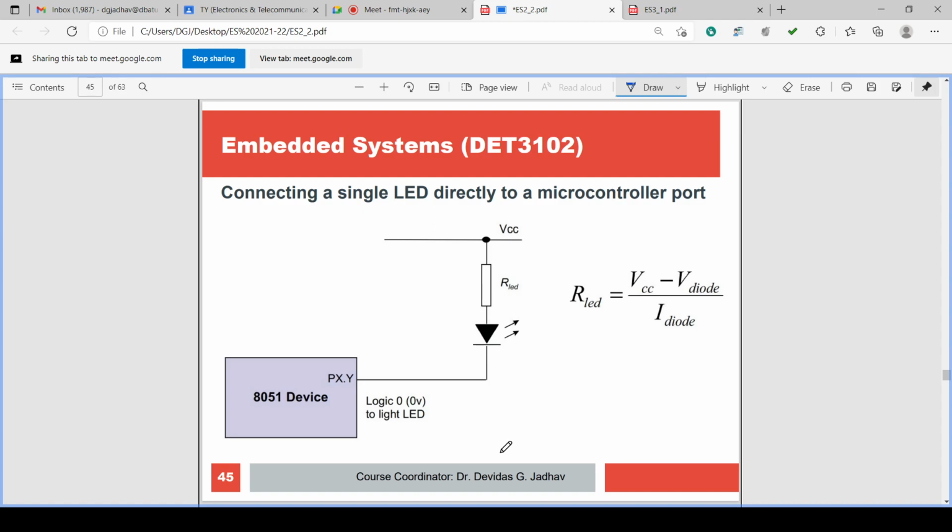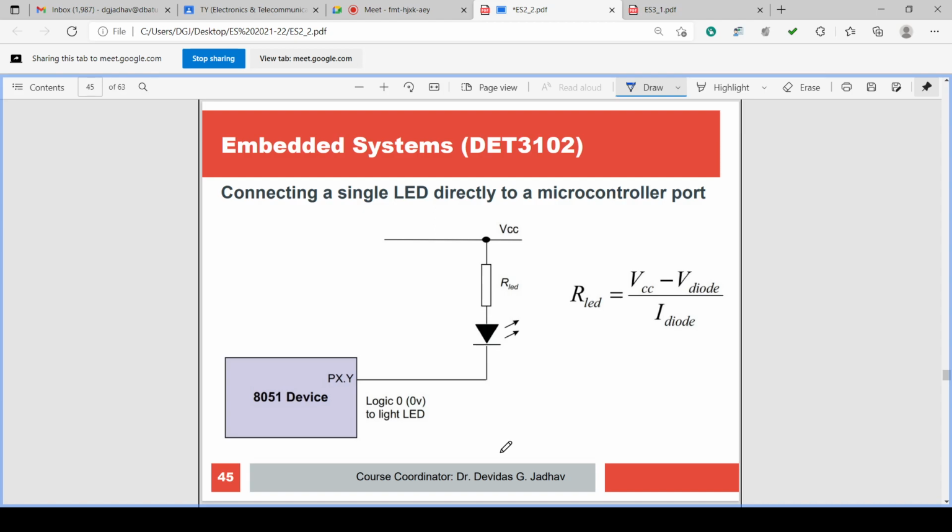That value calculation is the design of RLED. What happens when logic 0 is sent, what happens when logic 1 is sent, how it works, everything is called design of the circuit. Designing and connecting the circuit.